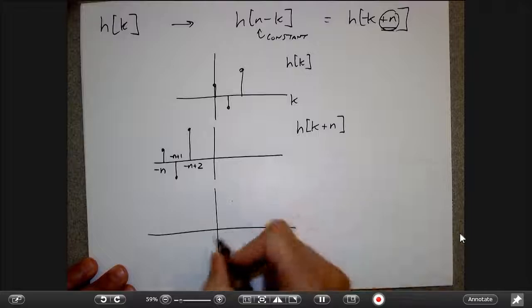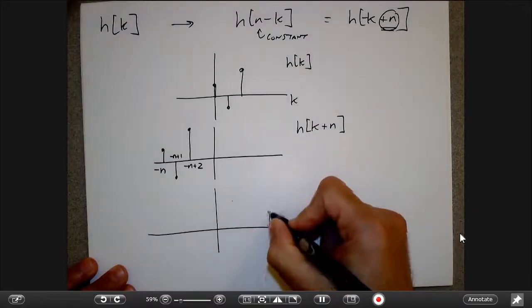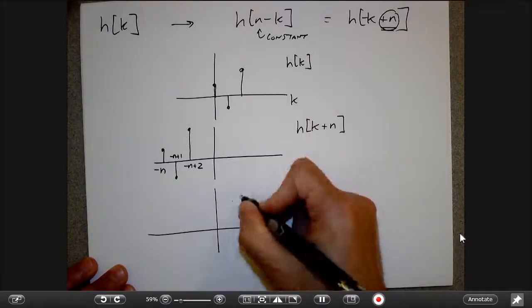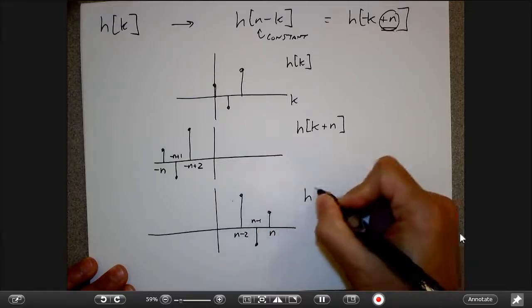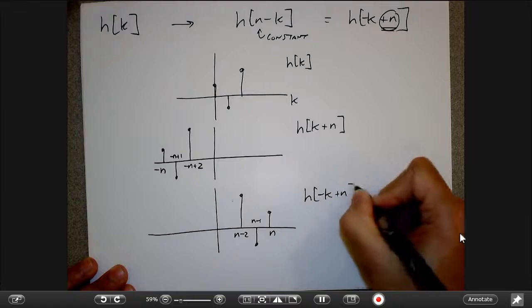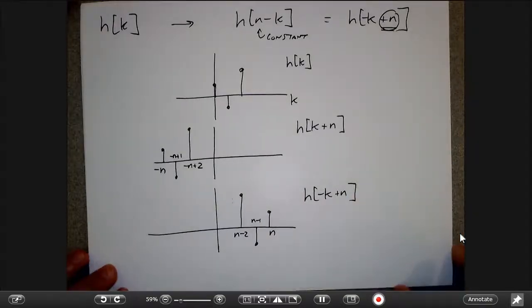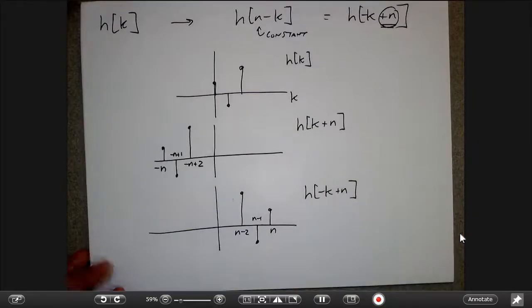Then when I flip it around, I get what I promised you, which is n minus 1, n minus 2. This is h of minus k plus n. So yes, if I was doing it in the proper order, this is the way I should do it, but I get the same thing. Other questions?